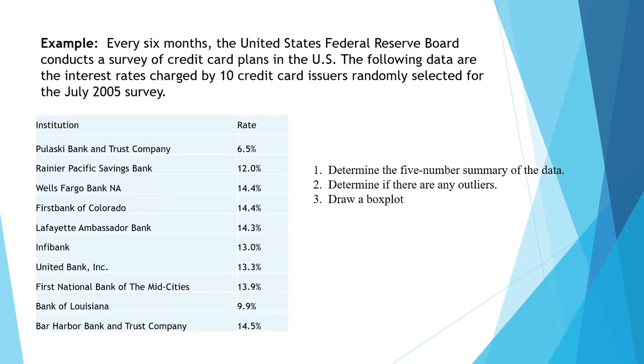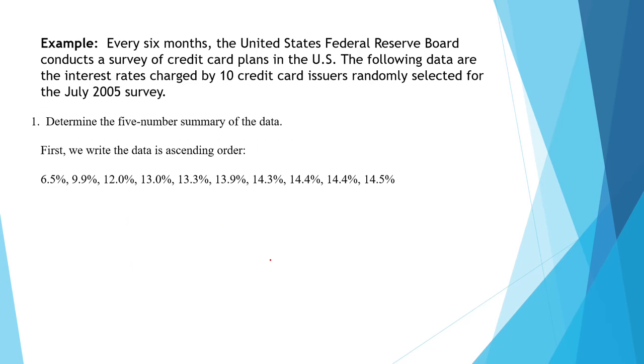The first thing we need to do to find the 5-number summary is to arrange our data values from smallest to biggest, and we will do that first. I have arranged the data values from smallest to biggest. We have 6.5% all the way up to the highest 14.5%.